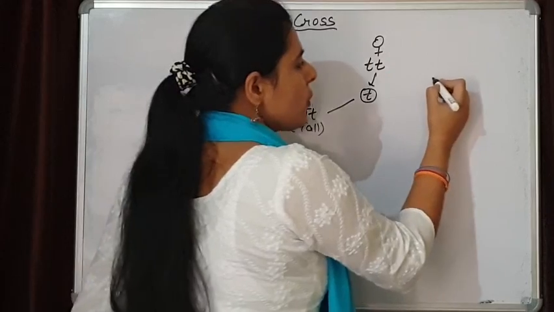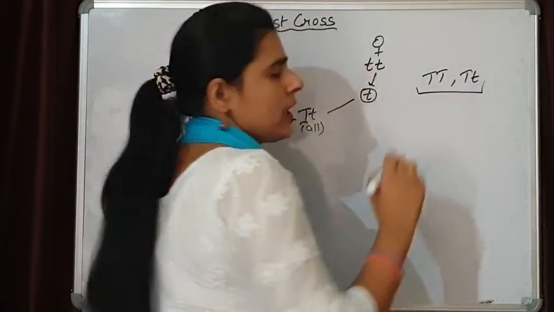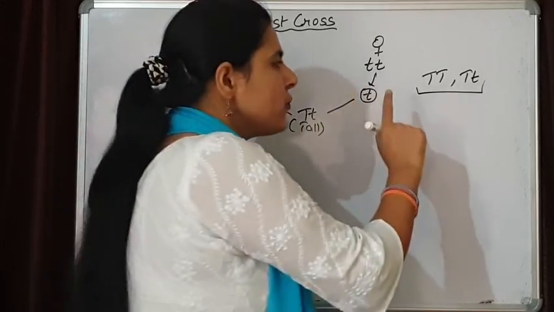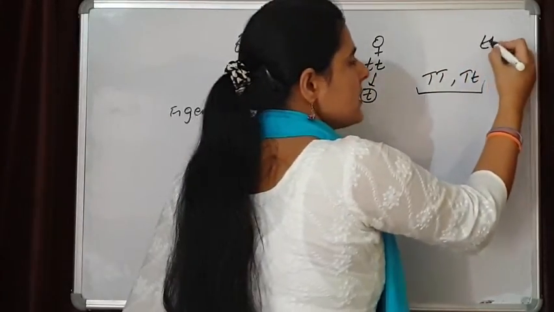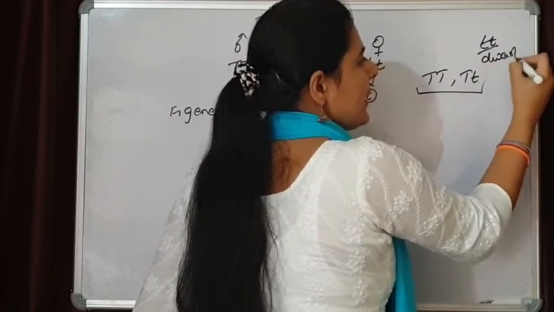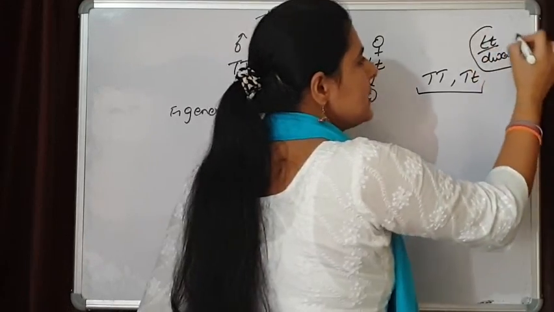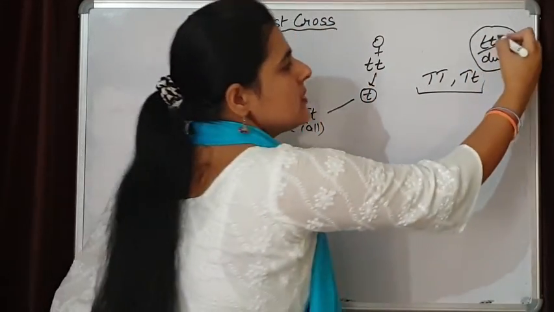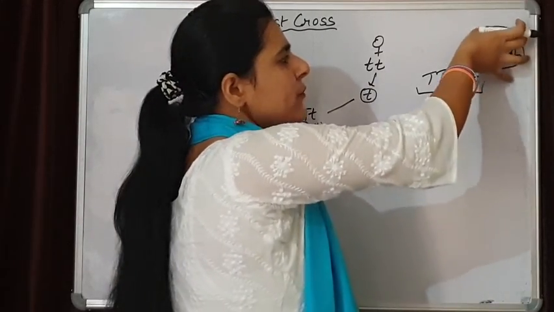If I talk about tall plants, then tall plants have these two genotypes. So there is confusion between the tall plants, because we know this condition will be dwarf. So whenever we get a dwarf plant, it is understood that this plant is going to carry this genotype. So there is no need to do an experiment for this.